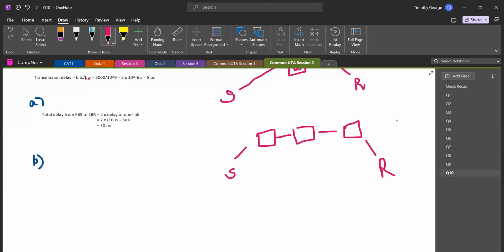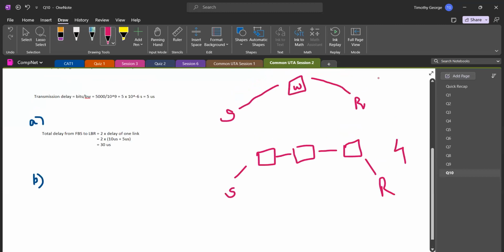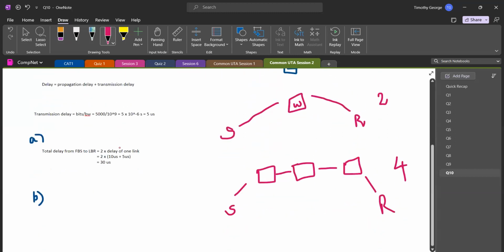How many links in total? 4. Here you had just 2 links. So instead of multiplying the delay of 1 link by 2, you'd multiply by 4. It's very easy.